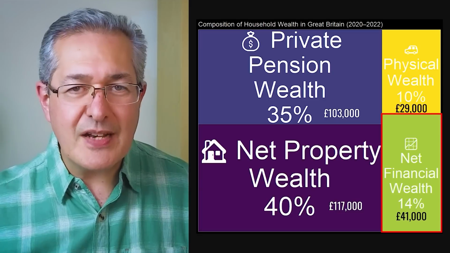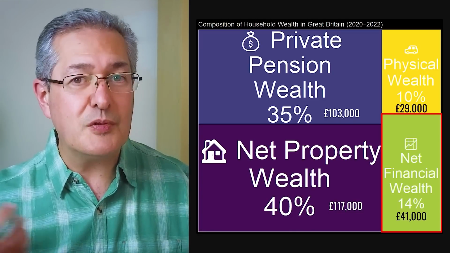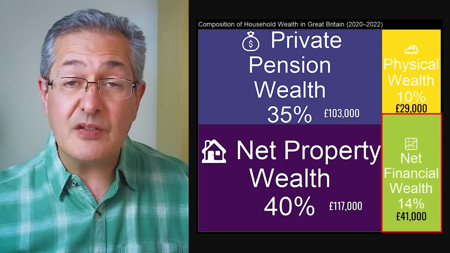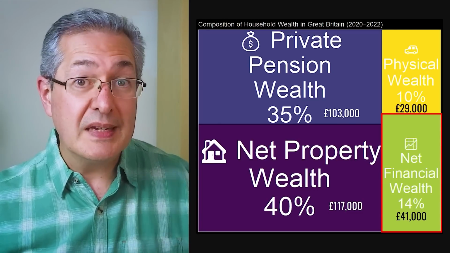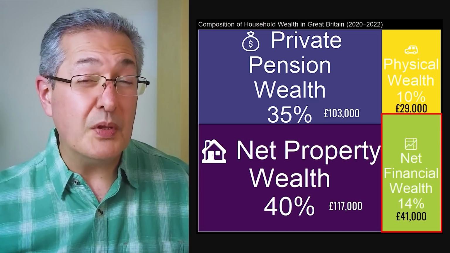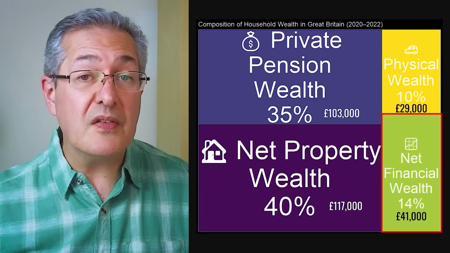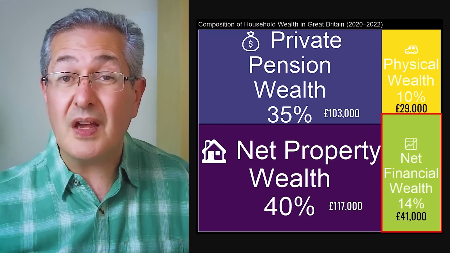Then we get to net financial wealth, and again the word net here means that you look at the assets and subtract the liabilities. The assets would be things like bank accounts, cash in those bank accounts, ISAs, any kind of investments excluding pensions, and then the liabilities would be things like overdrafts, student loans or other types of loan.